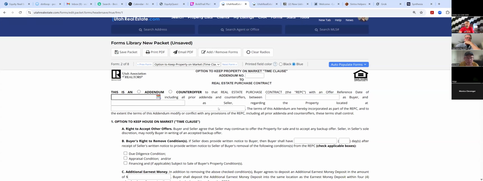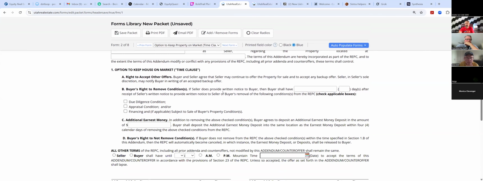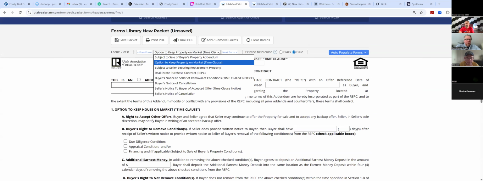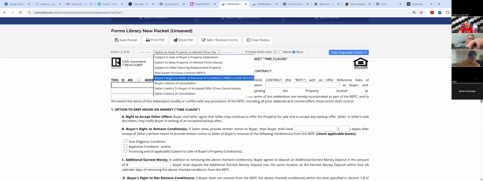So I go back to this and I say, okay, it says that I can notify the buyer in writing of an accepted backup offer. So there should be a notice for that. Right here, let's see. Seller's notice to buyer of accepted offer. There we go.